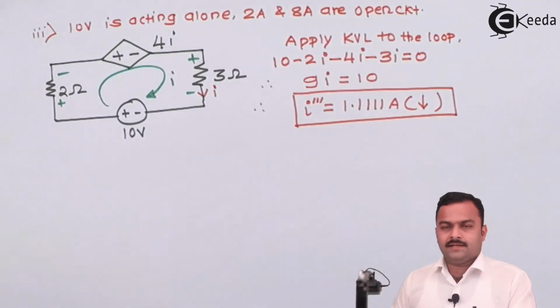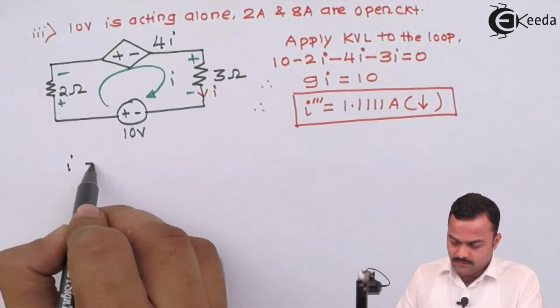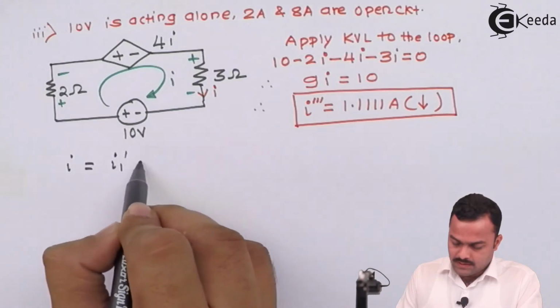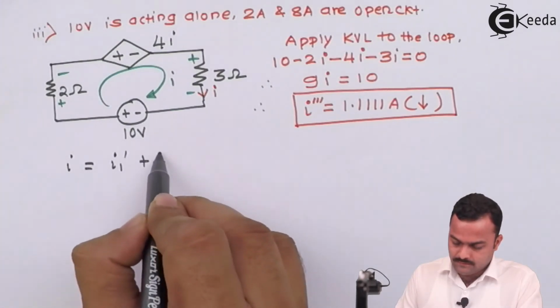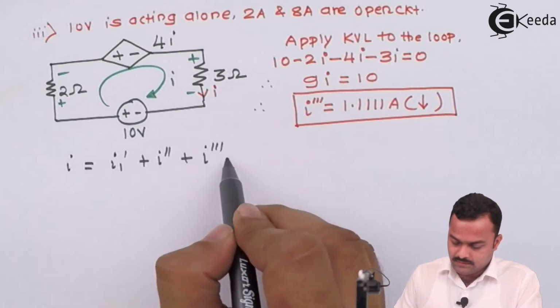Now we got three currents because of the three sources, so the total effect will be nothing but the addition of I dash, I double dash, and I triple dash.